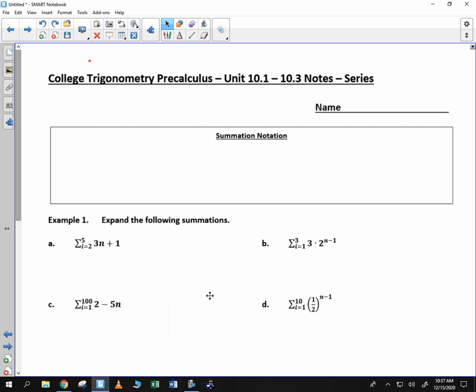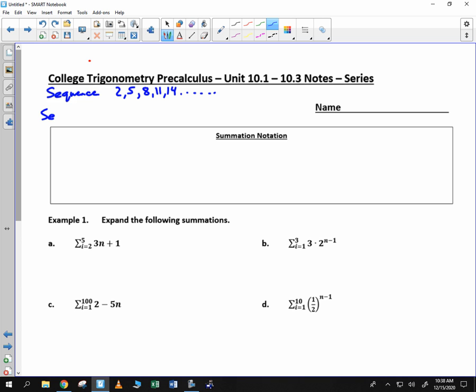All right, students, last part that we want to talk about is series, and series is just simply the sum of a sequence. So a sequence could be, for example, 2, 5, 8, 11, 14, so on and so forth.